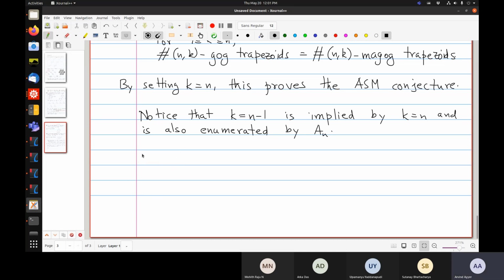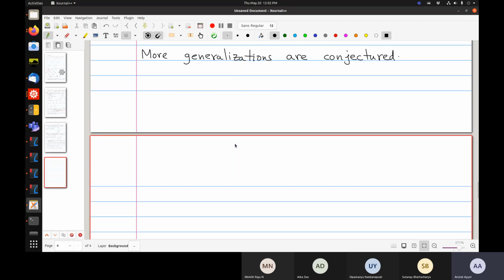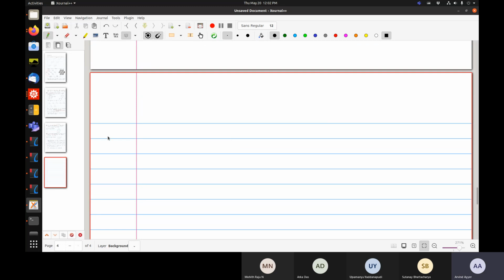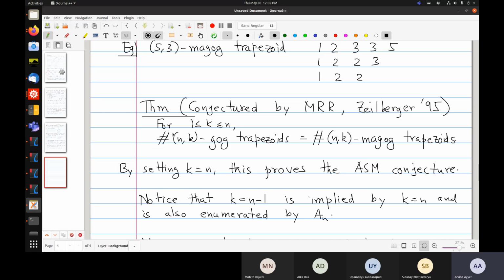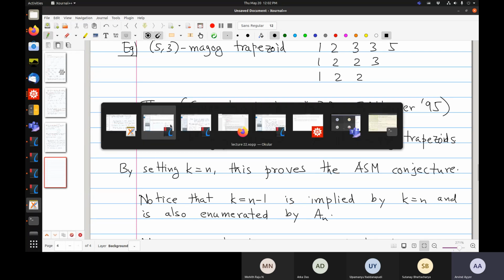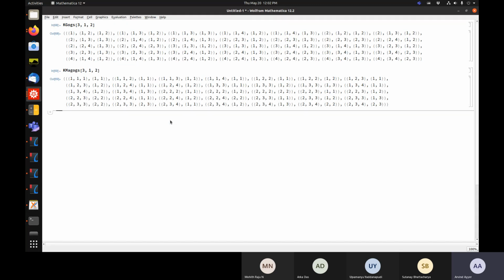More generalizations are conjectured, and I want to give you one of them. Before that, maybe I'll show you this. I have already written programs for this in Mathematica, so rather than constructing them in Sage, which would take some time, let me show you.